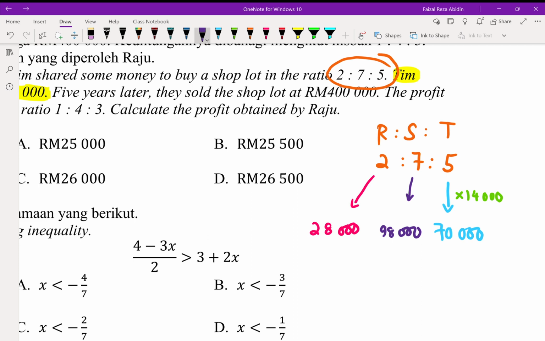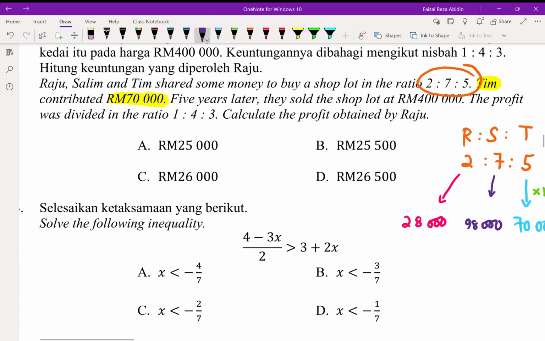Okay. 5 years later, they sold the shop lot at 400,000. 5 years later. Okay, 5 years later. Okay. The profit. Okay, the profit was divided in the ratio of 1:4:3.